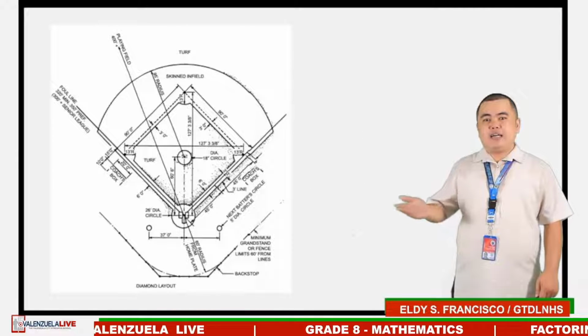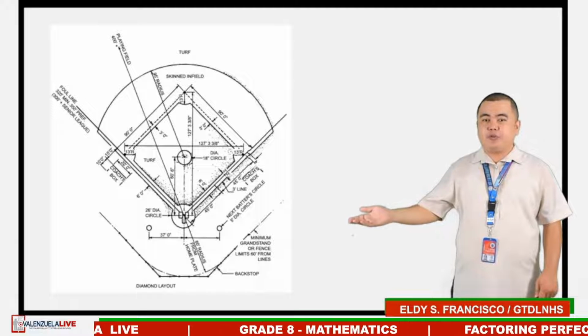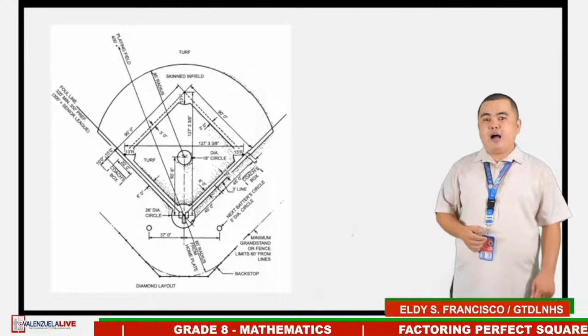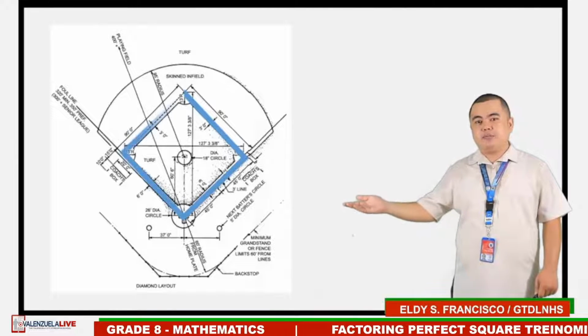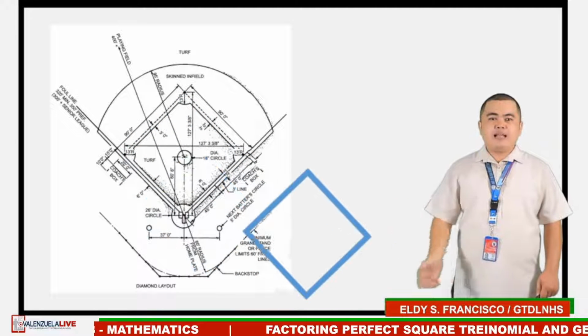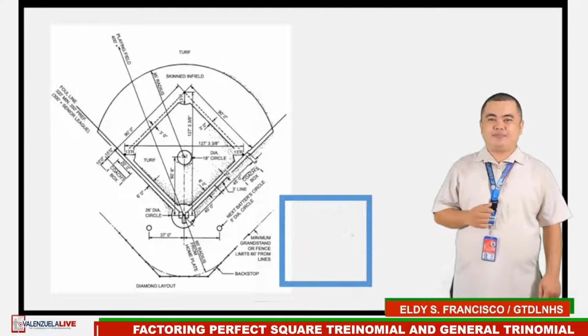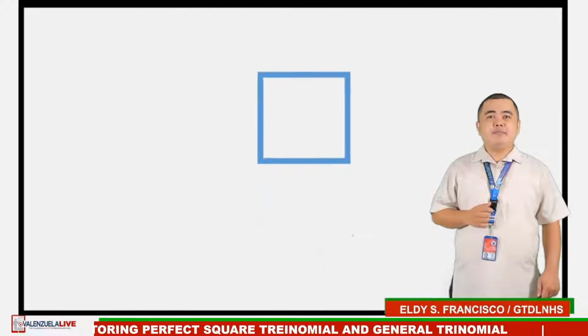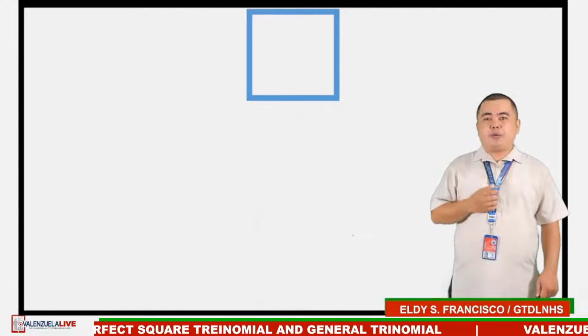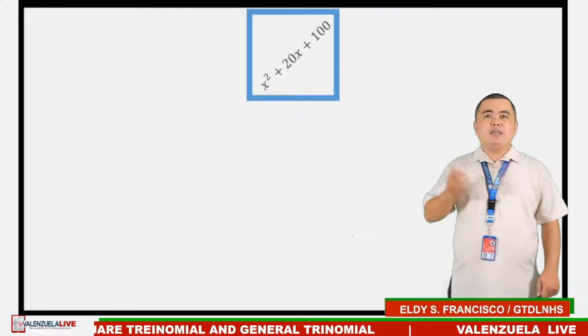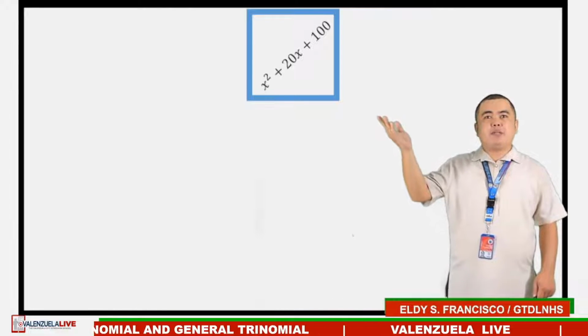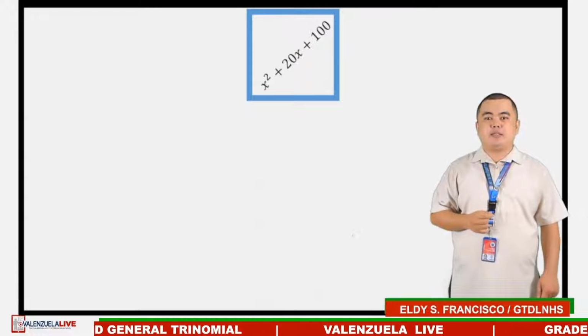This is the diagram or illustration of the baseball field. And we have the baseball diamond. But actually, that is a square. Then, the area of the square based on the problem is x squared plus 20x plus 100 square units.